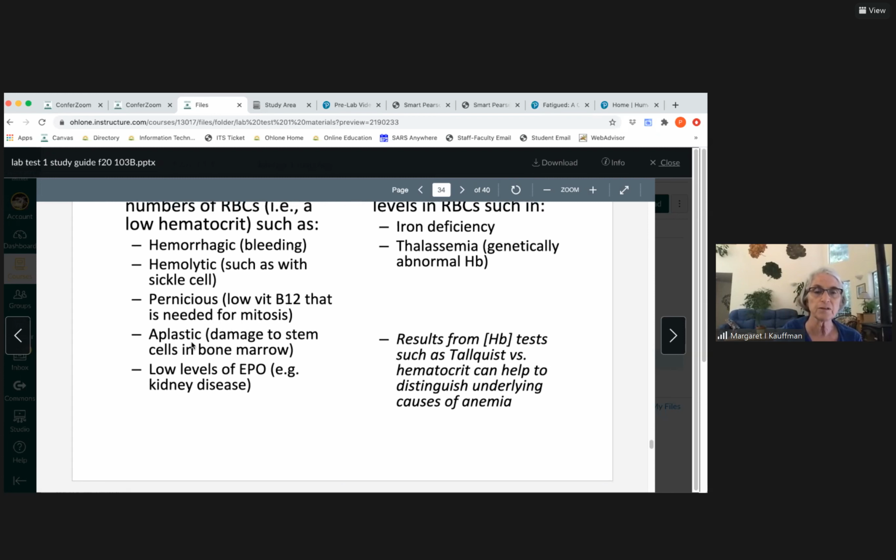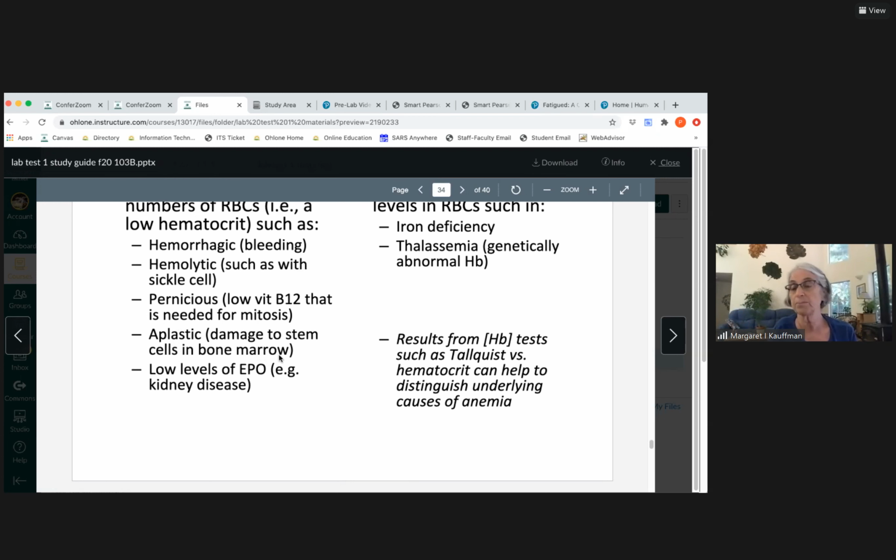There are other reasons. It might be that it's not that the red blood cells are being lost, but rather that the bone marrow is unable to generate red blood cells at a sufficient rate to replace the damaged ones that are removed. And that's called aplastic anemia. A means without, and I'm not sure how they get the root of plastic here, but it could be damage to the bone marrow due to some drug regimes.